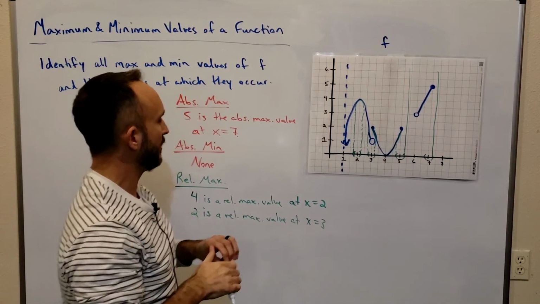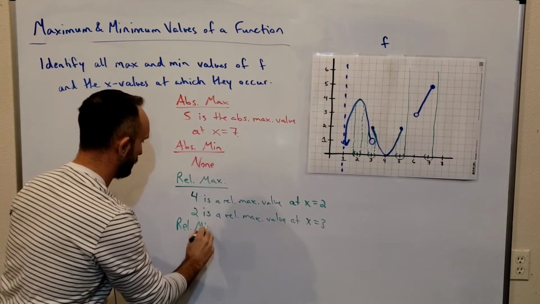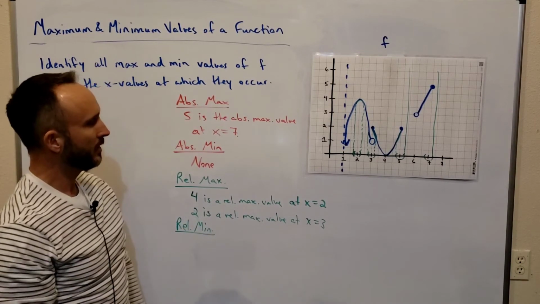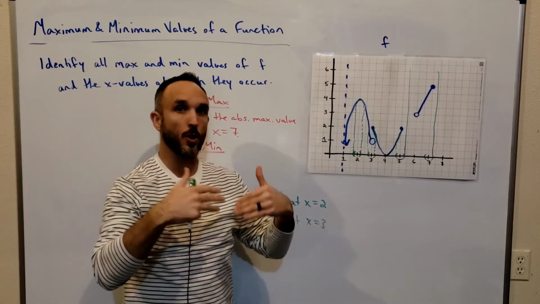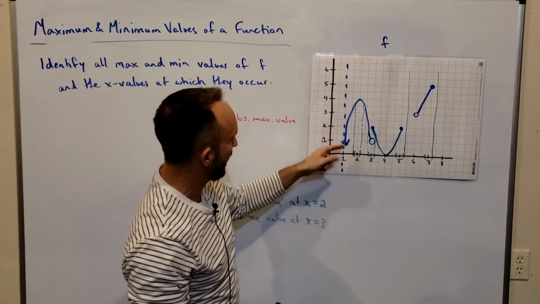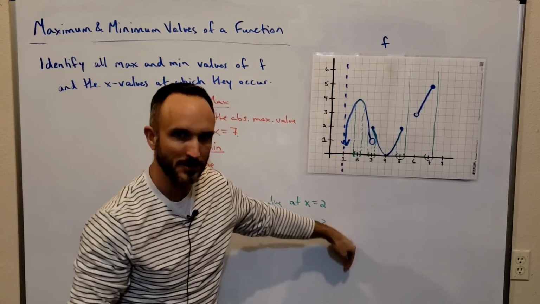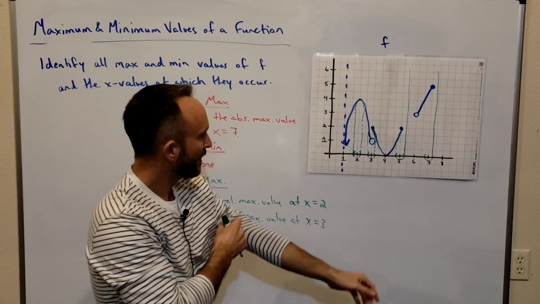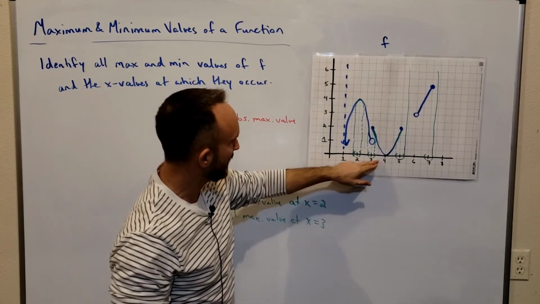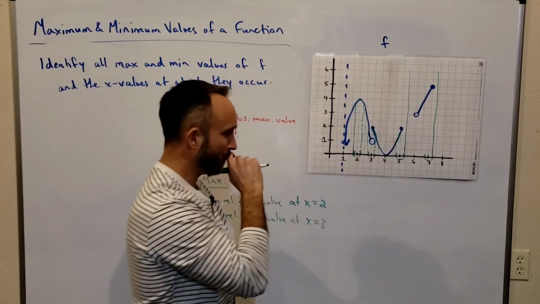Now let's talk about relative minimum. What are points that are the lowest in their neighborhoods? The first candidate we have, you can't use this arrow, because there is no lowest point. It keeps going down, so we can't use that. The next point that seems to be the lowest is right here at (4, 0).